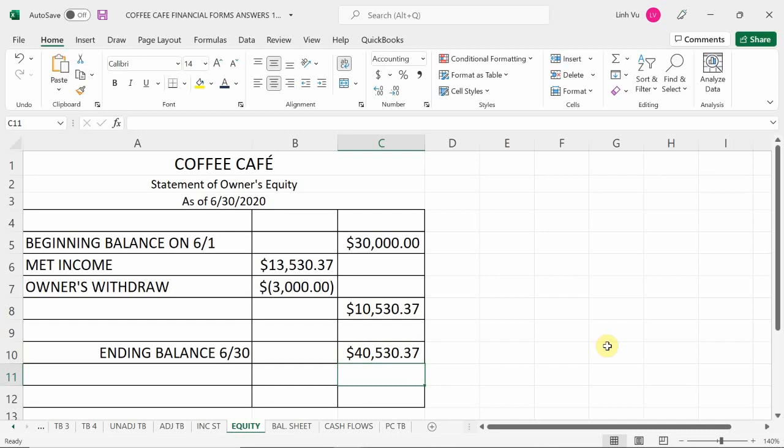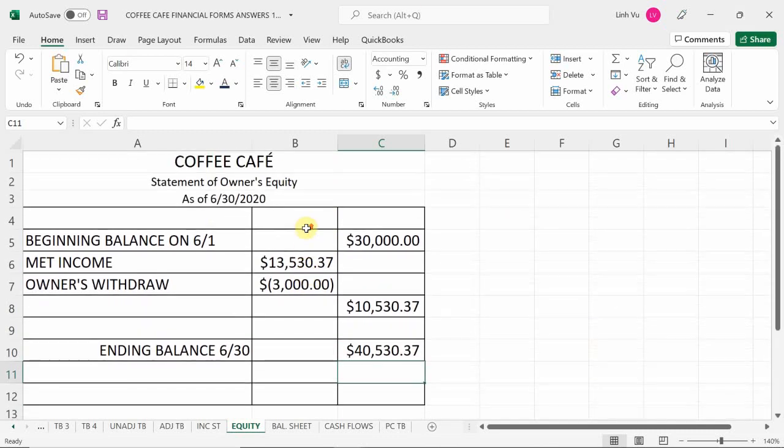So my new equity is 40,530.37. That's how you complete the statement of equity.